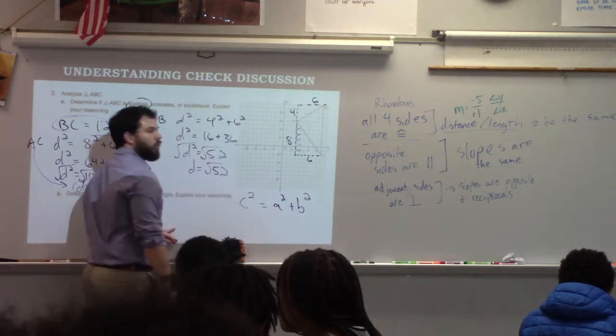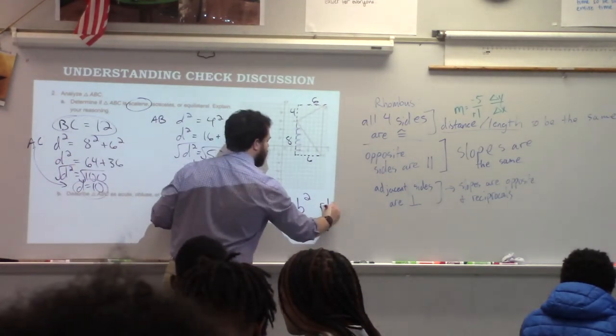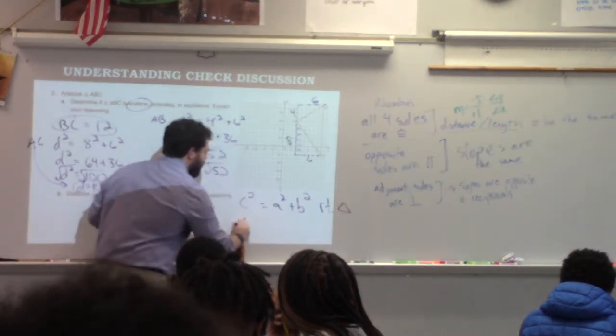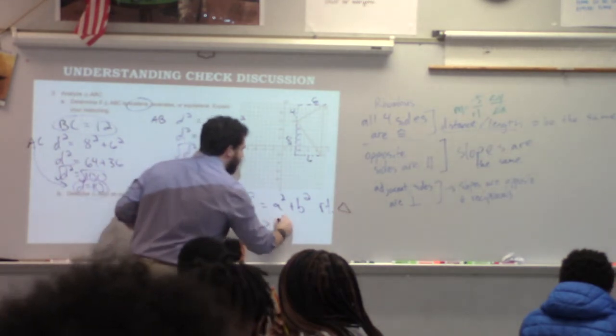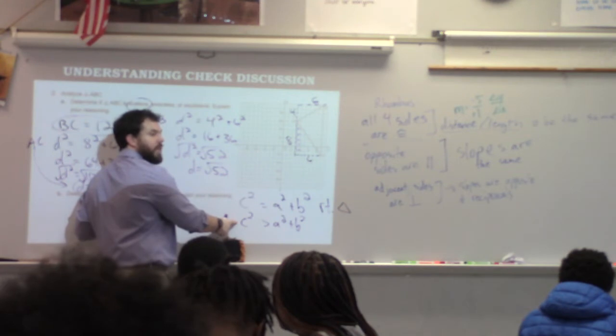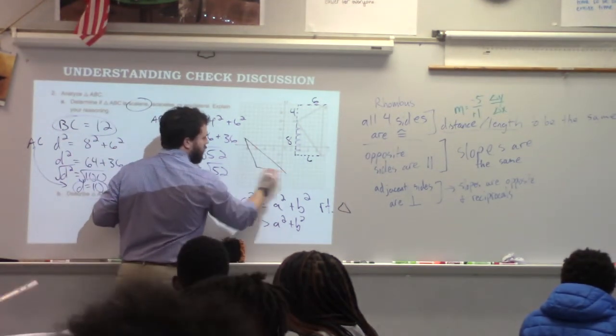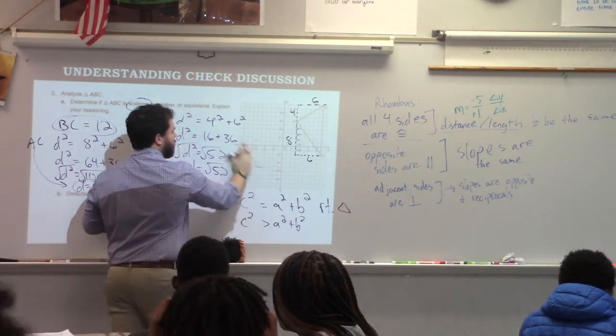If they are equal, what kind of triangle do we have? Right. A right triangle. If c squared was greater than a squared plus b squared, remember that means that the biggest side is really big, so that's an obtuse triangle. And the other one's acute.